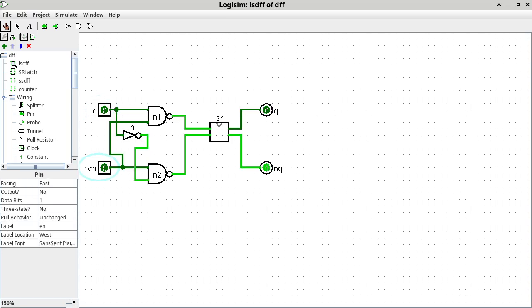Then you turn the D pin from a 0 to a 1, and notice that the output pin Q is not going to do a single thing. Then you turn on the enable pin so it becomes a 1, and you can see how the Q pin is now reflecting the D pin. But as long as the EN pin is a 1, if you turn the D pin back to a 0, you can see how the Q pin is also going to return to a 0.